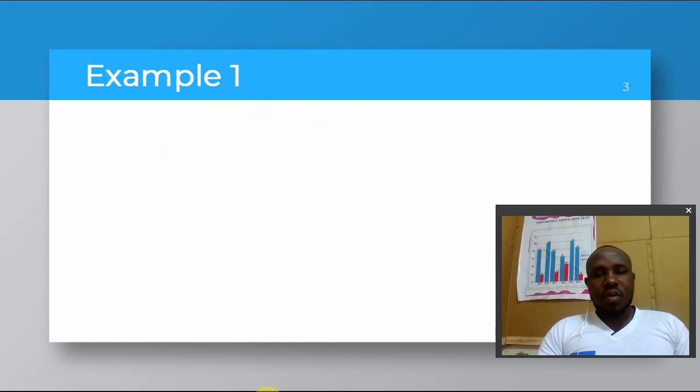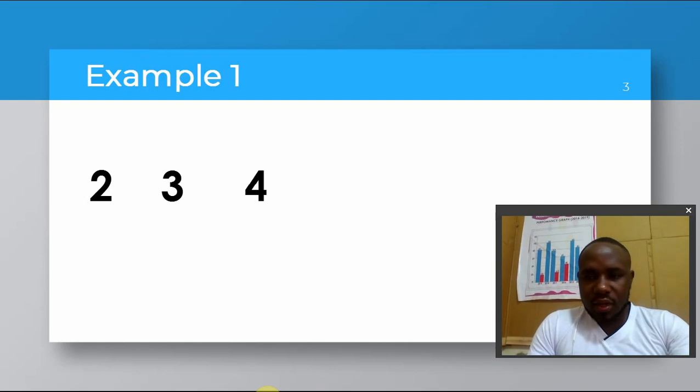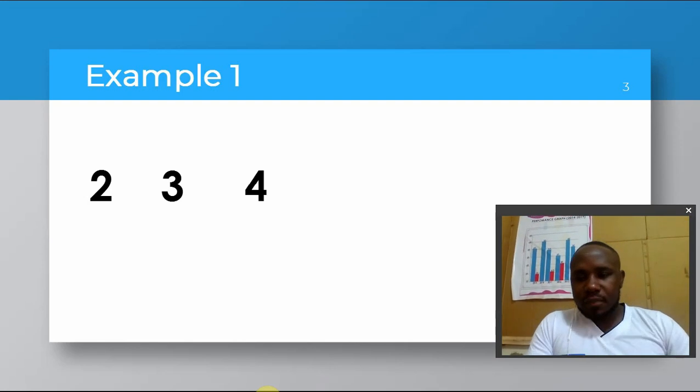In my example 1, I have the digits there: 2, 3, and 4. So when you are given such a number, I request that you do the following.